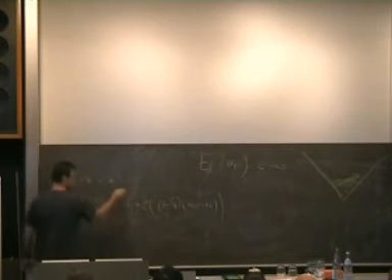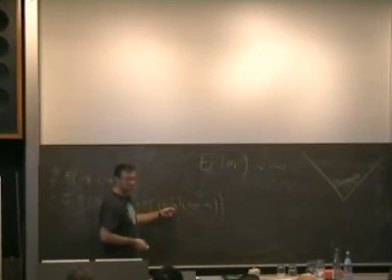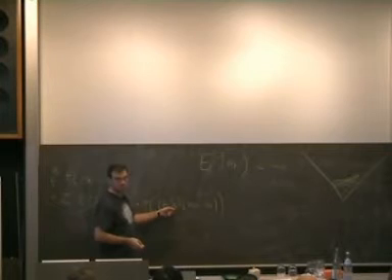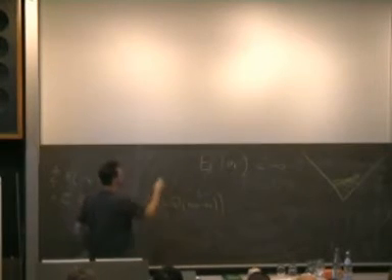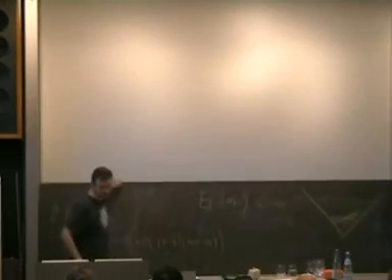So this one we know converges, and this one is negative. So therefore, expectation of ut is going to be bounded. It's going to be useful later. That's why I'm saying this.